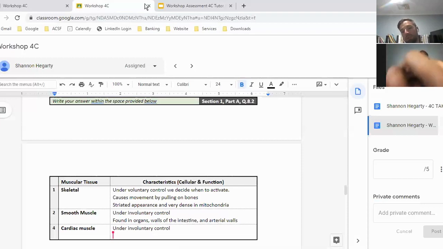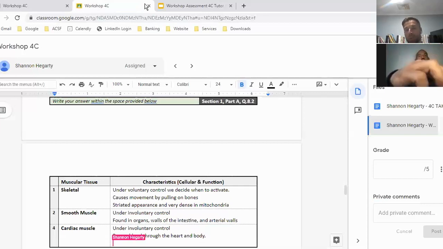The difference between it and smooth muscle is that it's striated in appearance like skeletal muscle. Because it is very energy dense, it has a lot of mitochondria. It's always working, always pumping, always requiring energy. So you can write again, striated appearance and very dense in mitochondria.